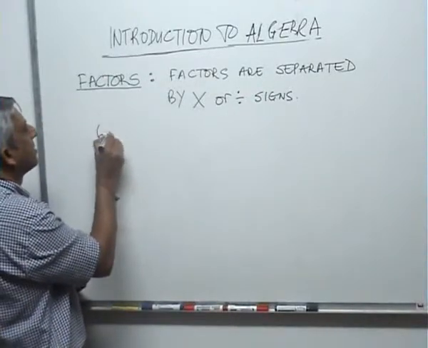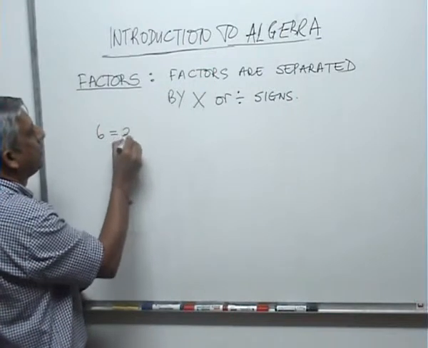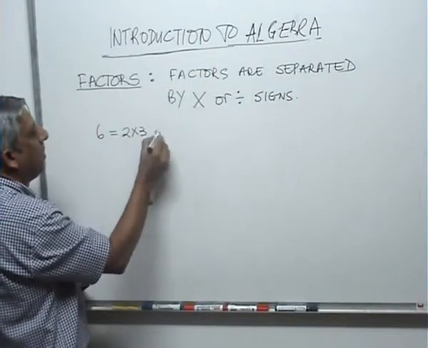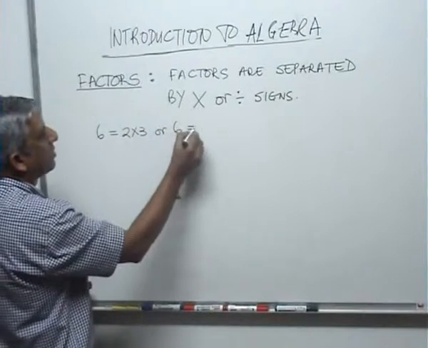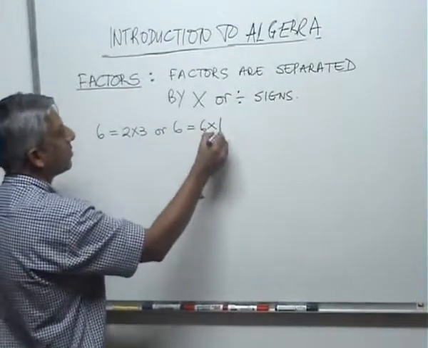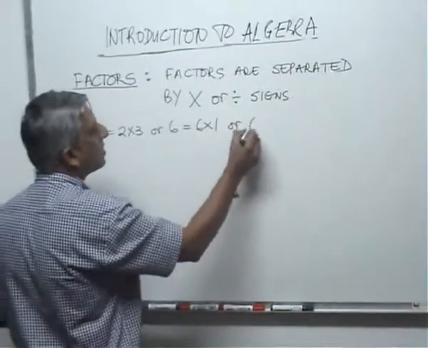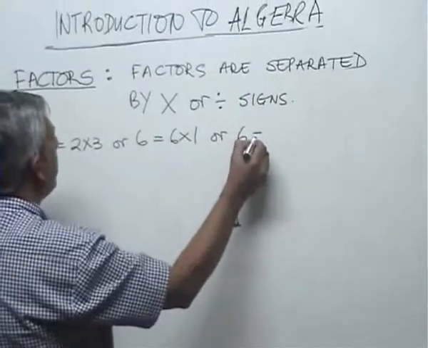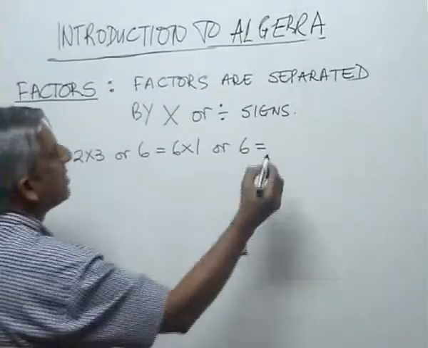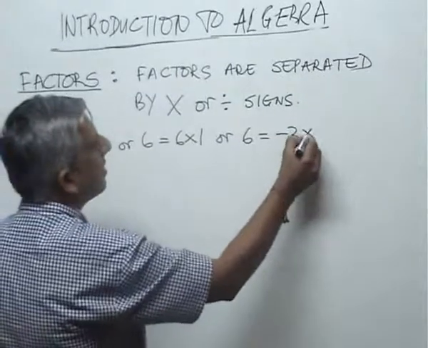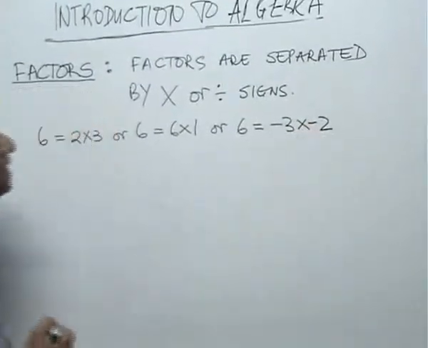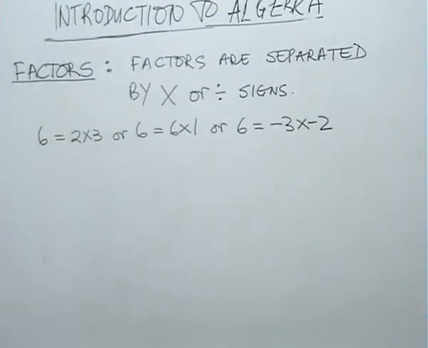If you take the number 6, 6 is equal to 2 times 3, or 6 is equal to 6 times 1, or 6 is equal to, well, if you have done integers, minus 3 times minus 2. Of course, you are in grade 8 and you have done integers.